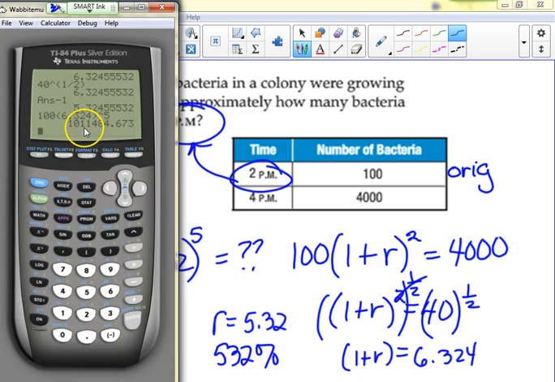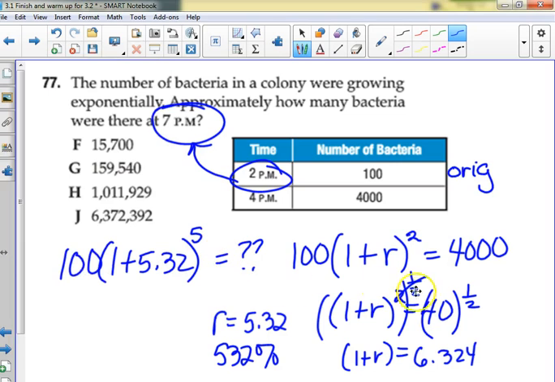I got 1011484 or 485. Is that pretty close to this one, I think? I think if we had done more decimals, we would have probably got their answer.